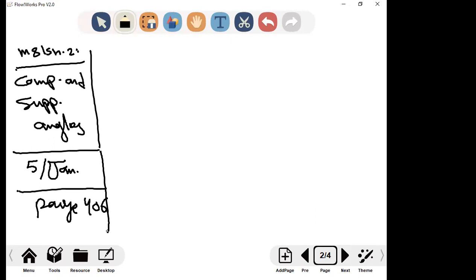Now, yesterday we took the definitions. We said complementary if you add them 90. Supplementary if you add them 180.